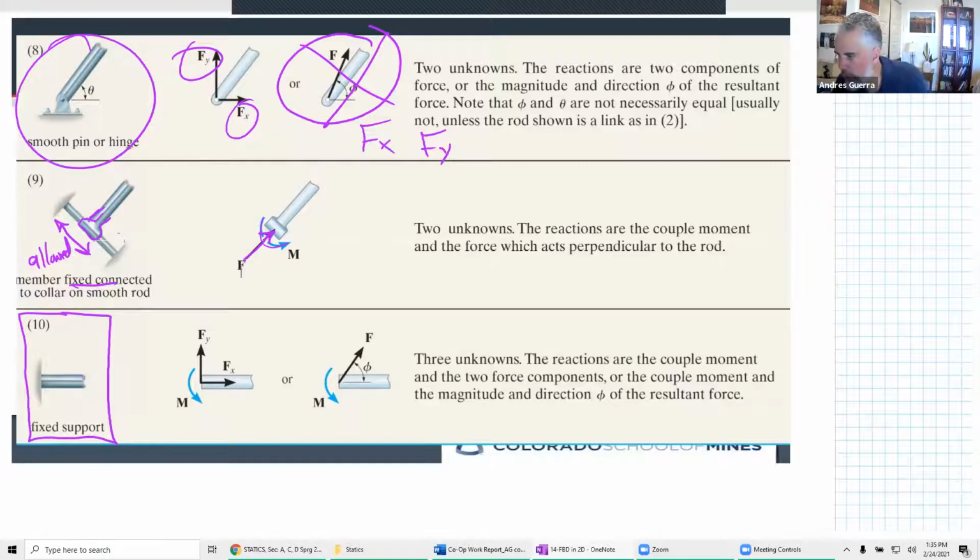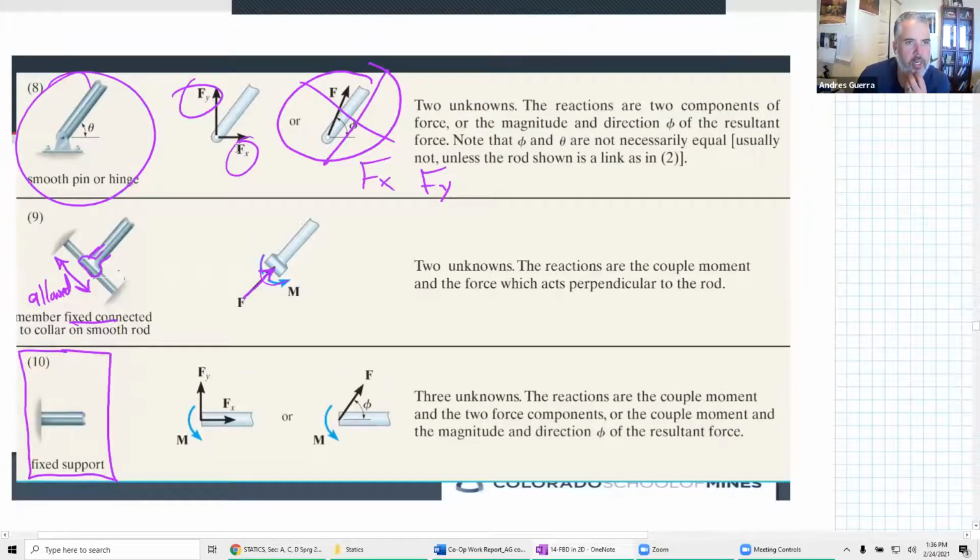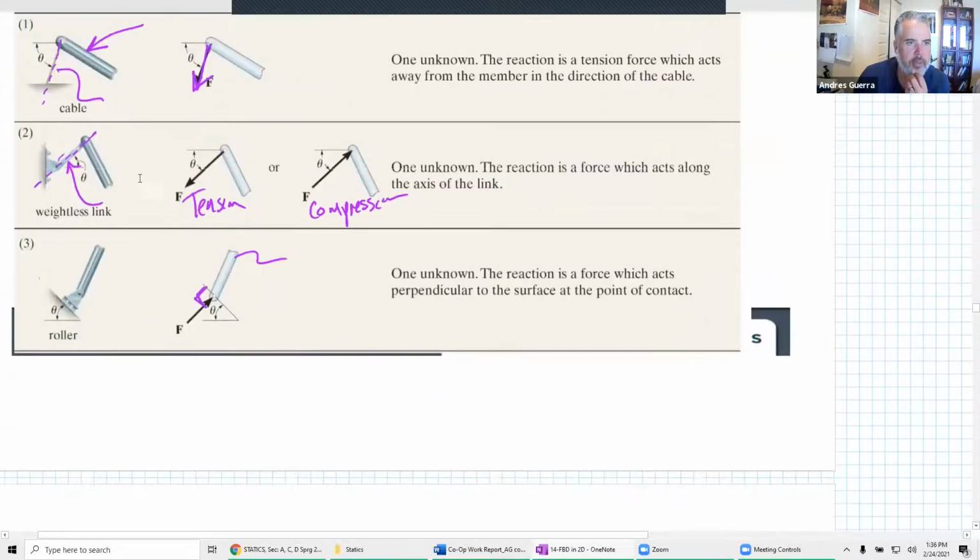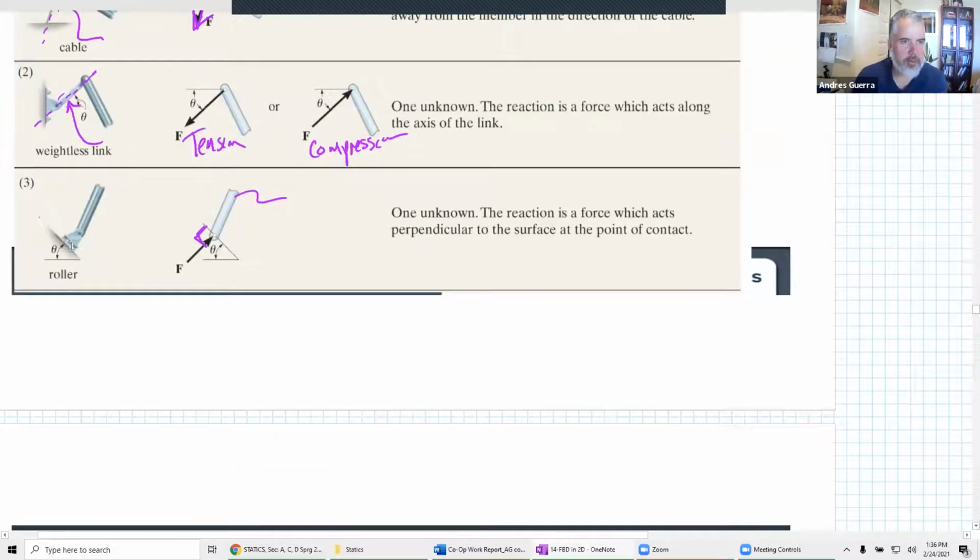See a couple questions here in the chat. If the roller is connected to a point support, which one do we have to consider? A pin support. Oh, I see. I know what you're talking about. So the way this looked up here is right here, right?